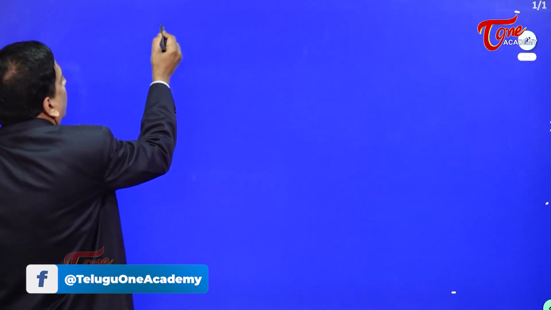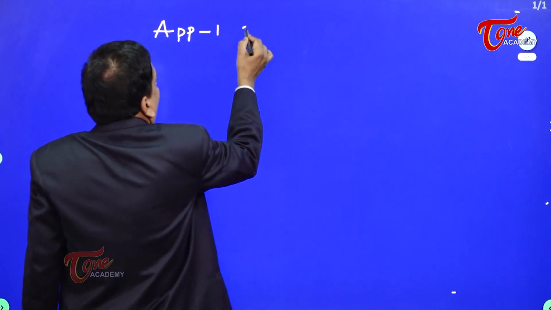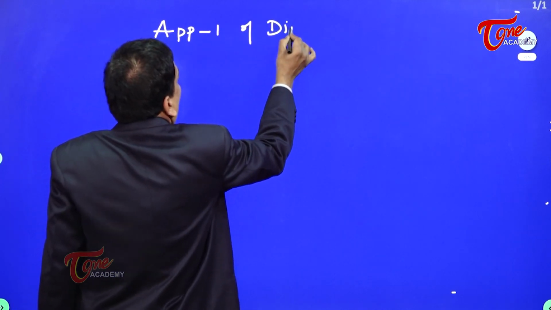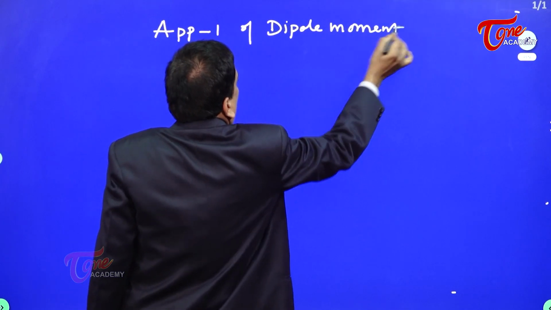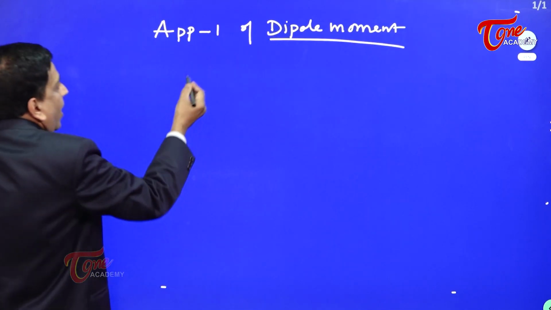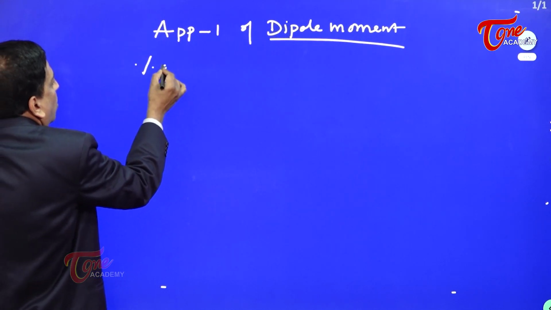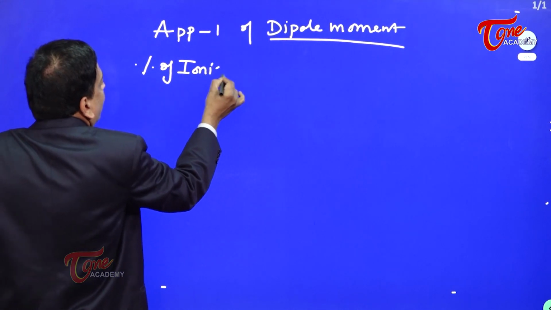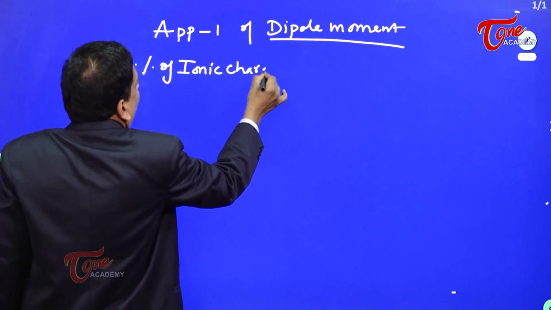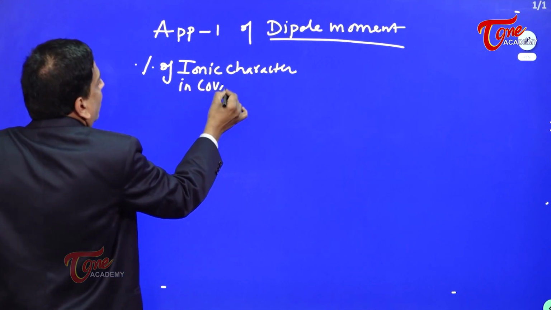Application number 1 of dipole moment. And remember, what is this? We can find the percentage of ionic character in what?